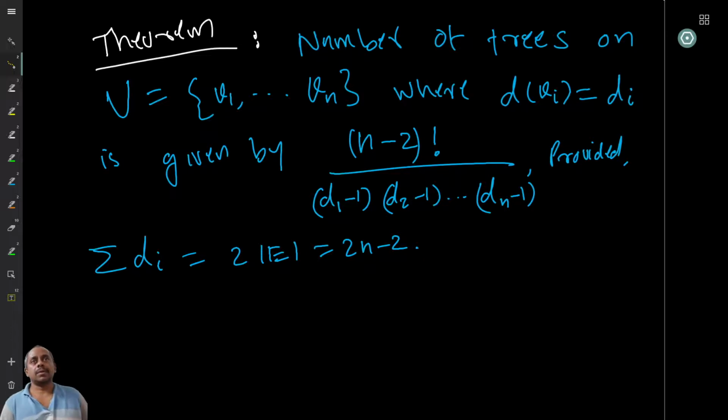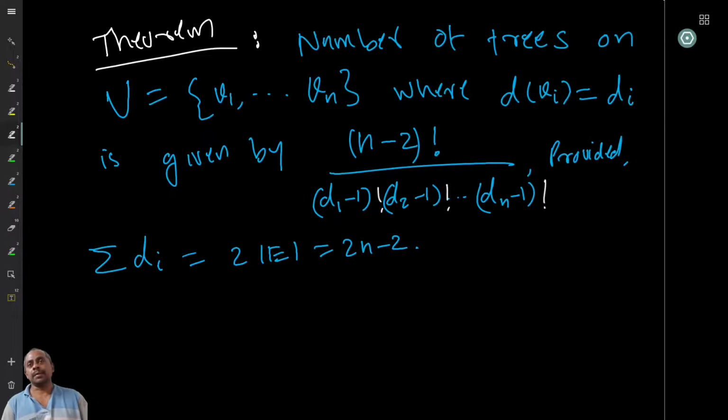The number of trees on the vertex set V, where degree of vi is equal to di, is given by (n minus 2) factorial over (d1 minus 1) factorial times (d2 minus 1) factorial, etc., times (dn minus 1) factorial, where the summation of di is equal to twice the number of edges.